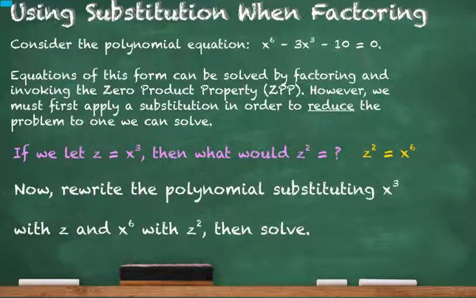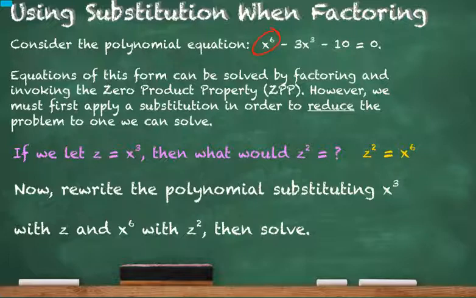Another type of problem where we can see substitution used is solving polynomial equations that are not linear, not quadratic, but higher powers. And we see in this example, it is a 6th degree polynomial. And we say, well, we know how to factor things that are squared, but a 6th degree polynomial seems difficult.